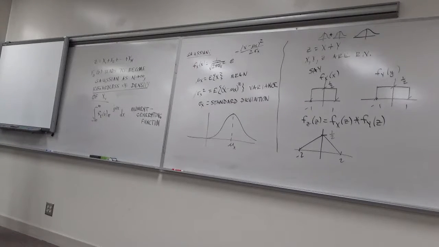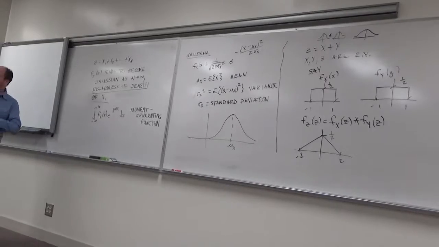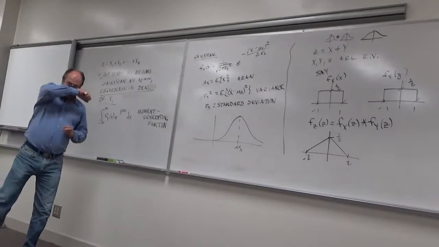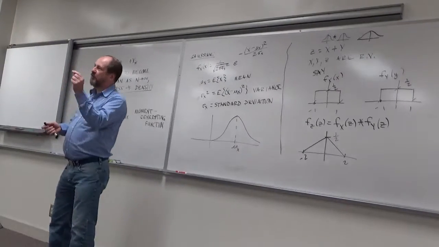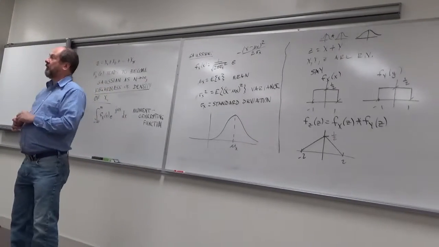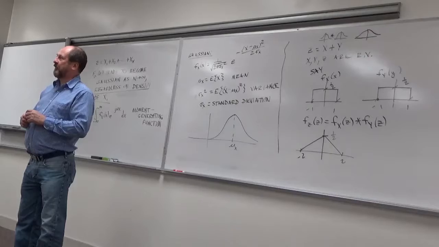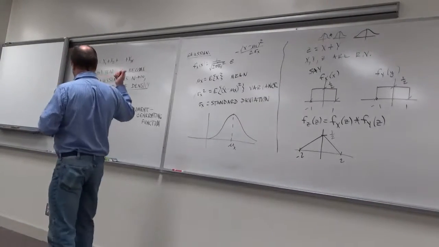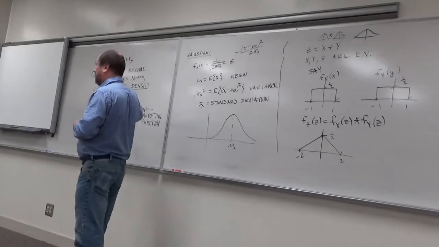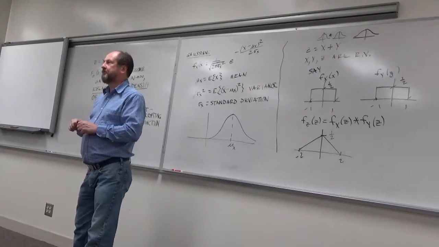The moment generating function of a Gaussian is a Gaussian. There are only two examples that are known that have the same time function and, I'm jumping back and forth, time function and Fourier transform. And one of them is the Gaussian. It is its own Fourier transform, which means it's its own moment generating function.